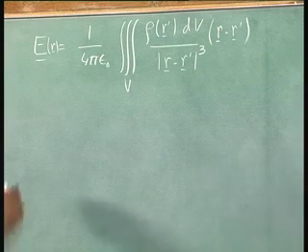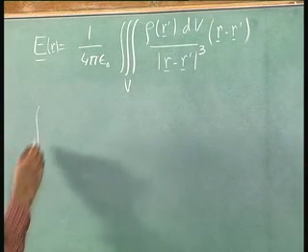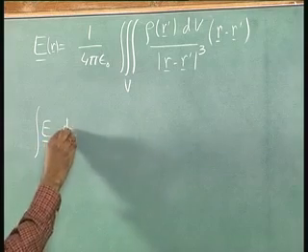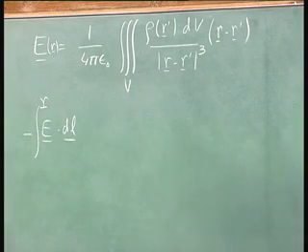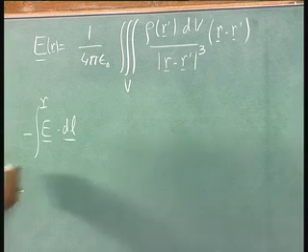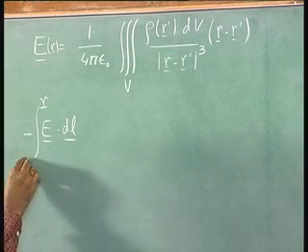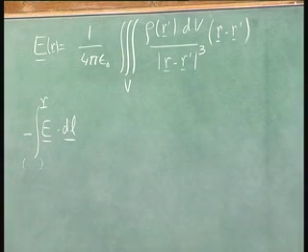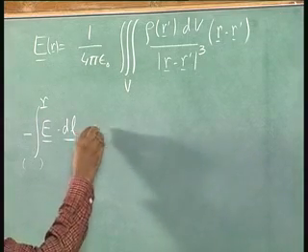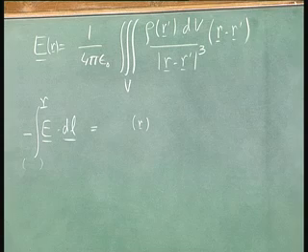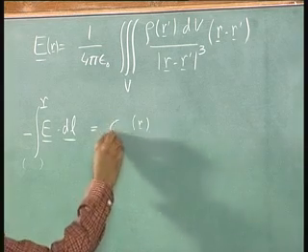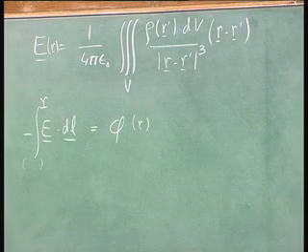One of the results we obtained was that minus the integral of E dot dl to any point r from some reference point, which I am not going to specify, is a function only of r, and we call that function the electrostatic potential phi.